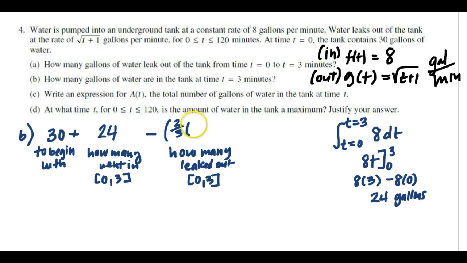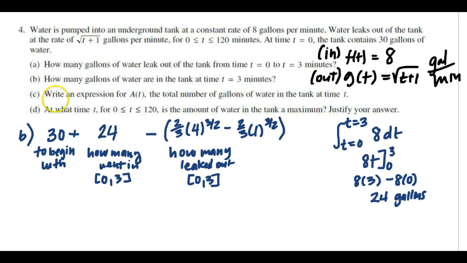So it was 2/3 4 to the 3/2 minus 2/3 1 to the 3/2. So again, this is a numerical answer, so we can leave our answer like this. So there was 30 plus 24, and then minus however many leaked out. So the amount we started with plus how much went in minus how much came out. So that is our answer to part B.